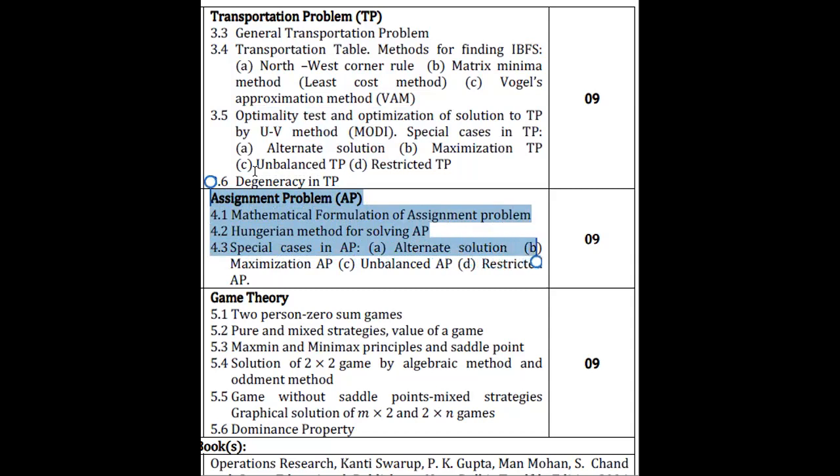We can solve an assignment problem with maximization case. We will see what is the unbalanced assignment problem and restricted assignment problem. And the last chapter is game theory. Two-person zero-sum game.